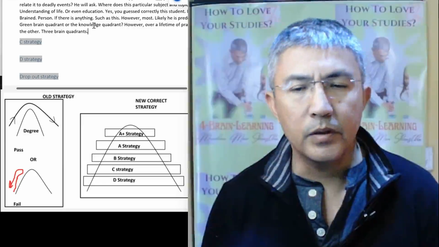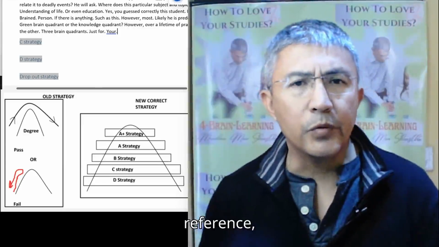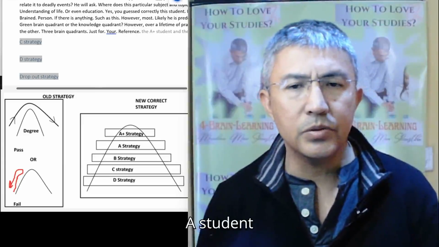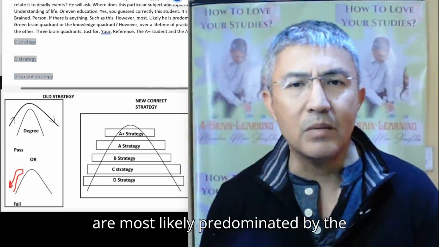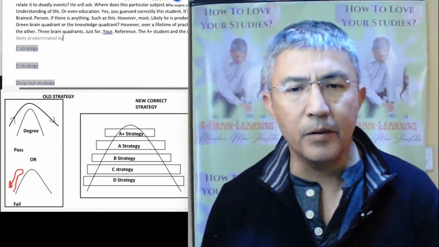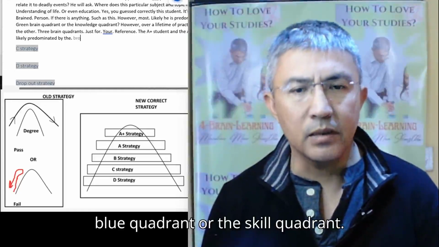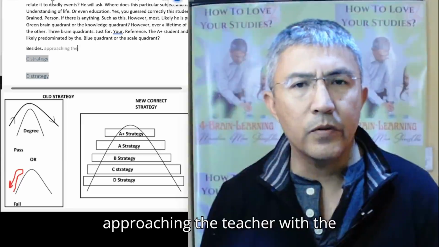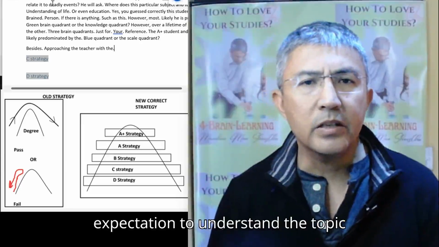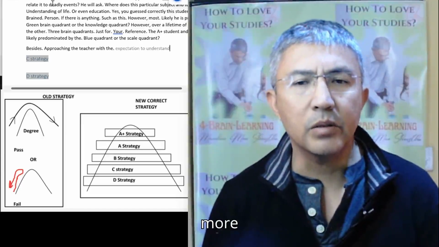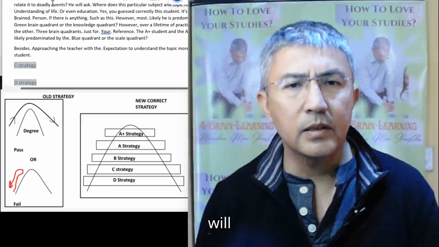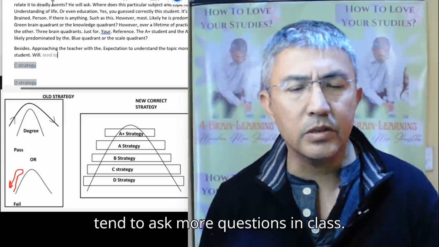Just for your reference, the A plus student and the A student are most likely predominated by the blue quadrant or the skill quadrant. Besides approaching the teacher with the expectation to understand the topic more clearly, the B student will tend to ask more questions in class.